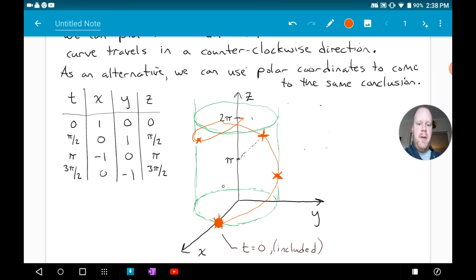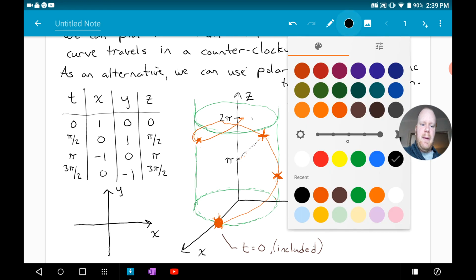If you don't space these out in the right way, you might end up with some points that give you a misleading direction. So the other argument, using polar coordinates, is to think about what this looks like from the top down.